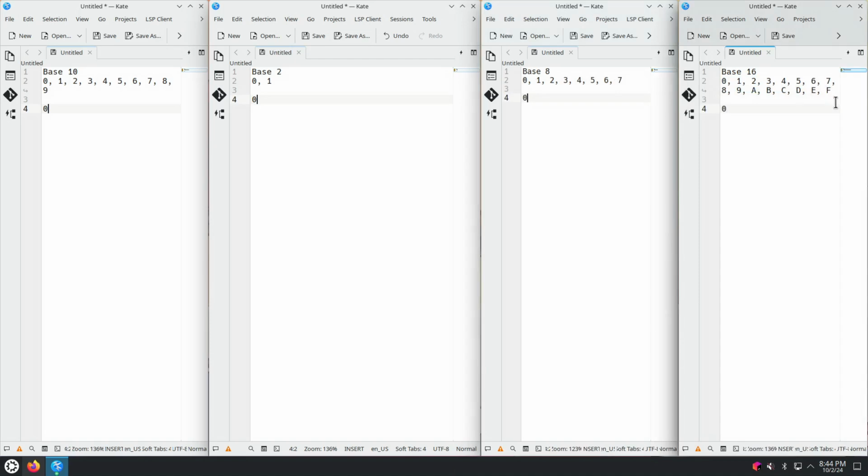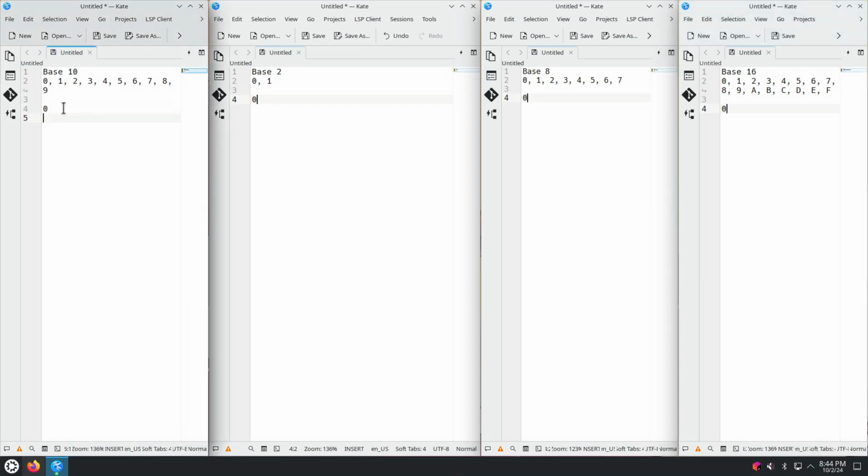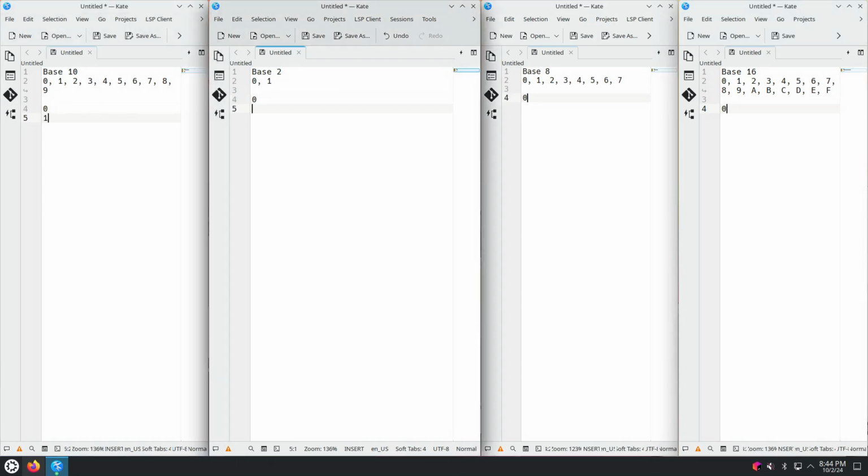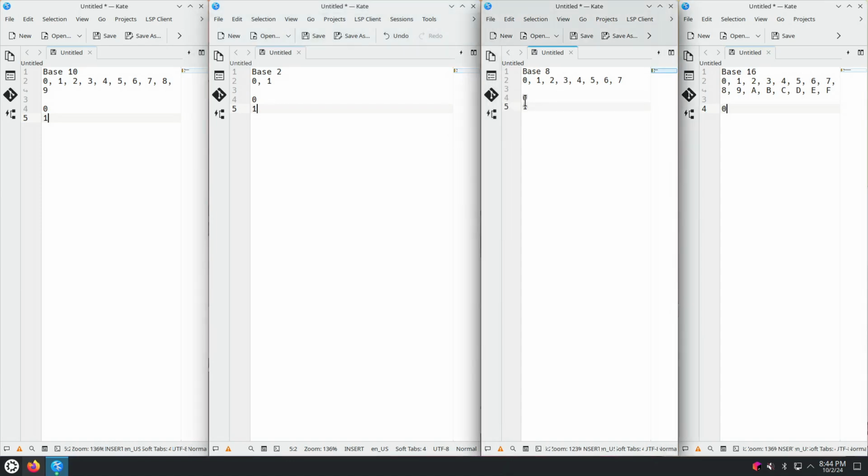So in all four bases, there's a number of one digit, which is 0. What about the number 1? In base 2, there's a digit 1, which represents one object. The same thing for the other bases.